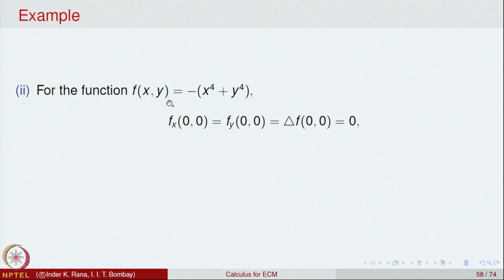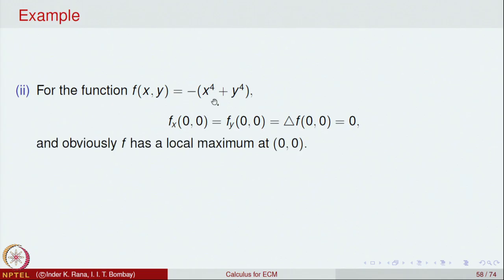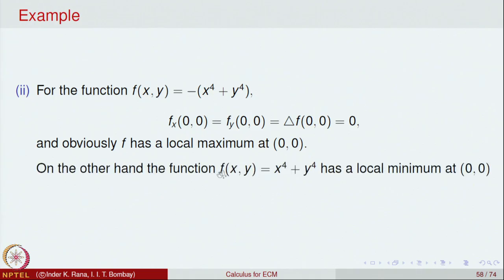However, if you look at the function at (0, 0), the value is 0, and at every other point the value is negative. So, (0, 0) is going to be a point of local maximum for this function, though the test fails. Similarly, if I invert the function, change the sign, as x^4 plus y^4, all this will remain the same.